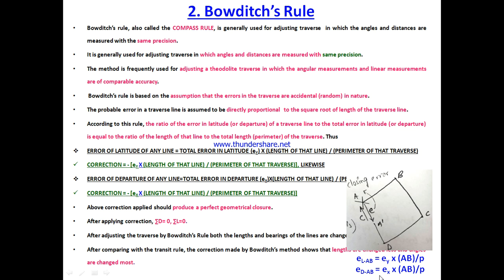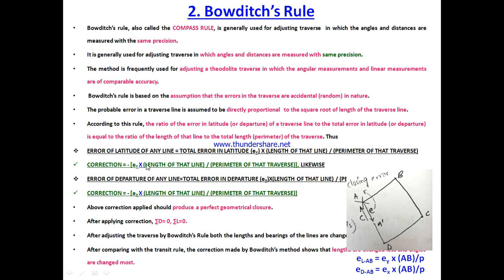So departure will be equal to Ex, that is in the direction of east-west, into length of the line AB upon algebraic sum of all the sides of the traverse.